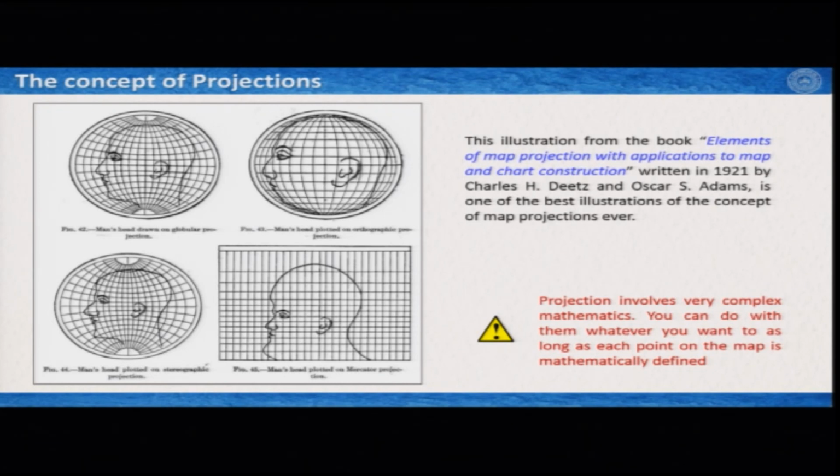This is one of the classic projections that I took from a book, and it dates back to 1921. What is important, as I said already, is that any projection operation involves extremely complex mathematics. So, you can do with them whatever you want, as long as each point on the map or on the object you are projecting is mathematically defined.